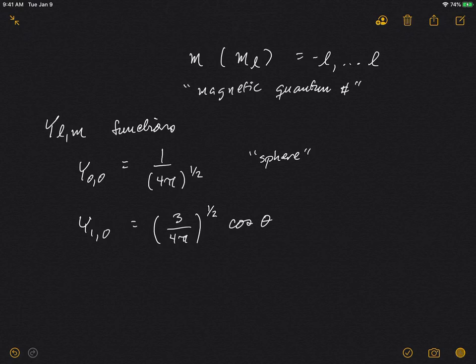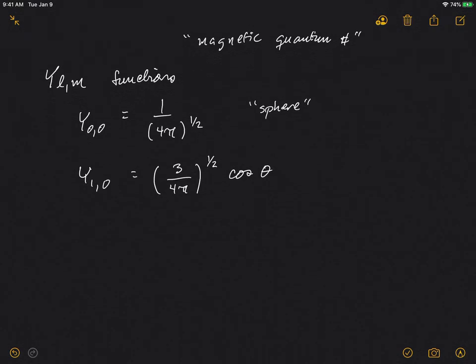So it doesn't have any phi dependence. It's invariant. It has the same value irrespective of whatever value phi has.